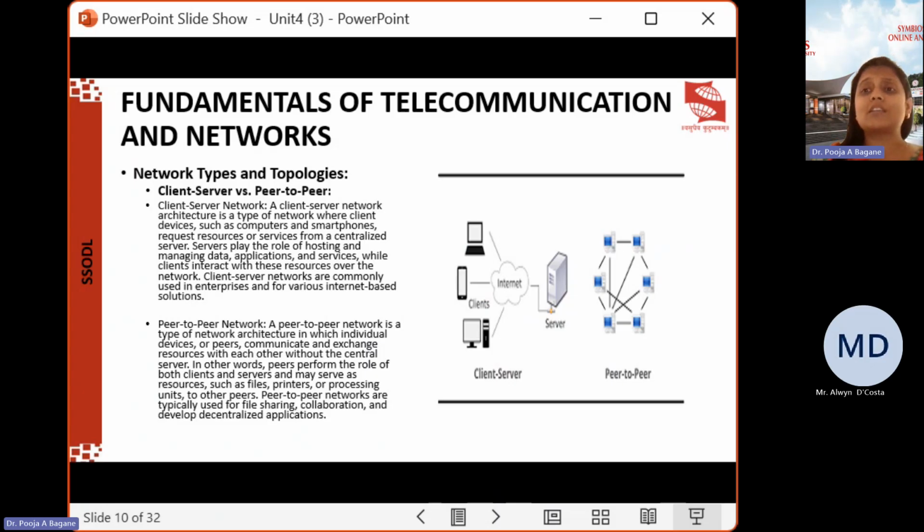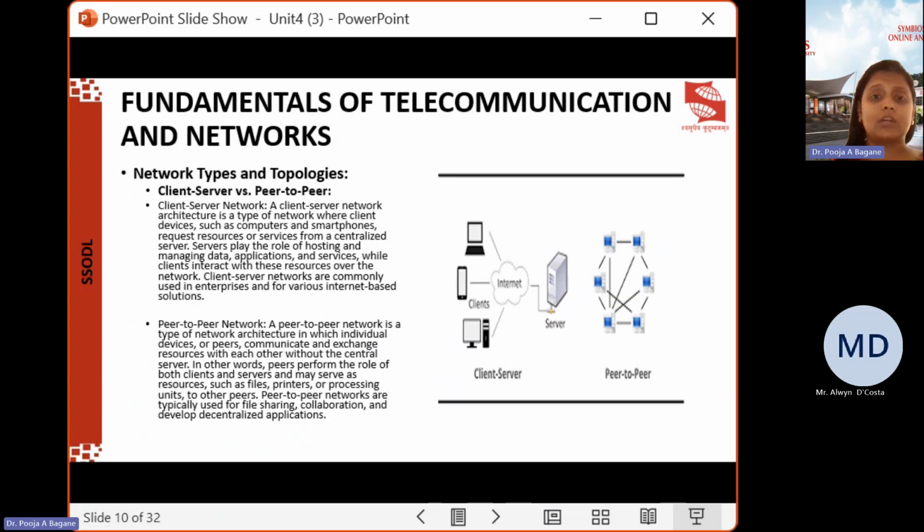These client-server networks are commonly used in enterprises and for various internet based solutions. This first diagram shows the clients and the server. Over the internet, the client will communicate with the server. The client will request services from the server, and the server will send the responses through the internet to the client. Like that, it is a client-server network.